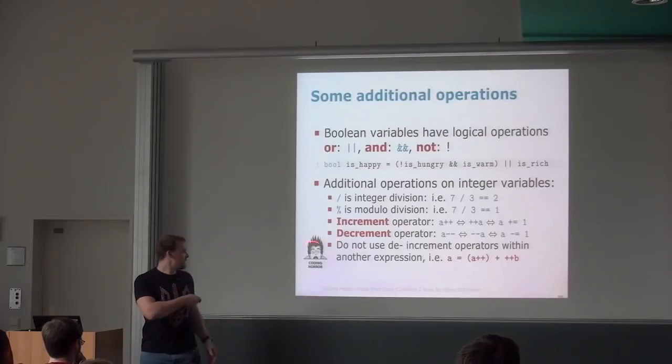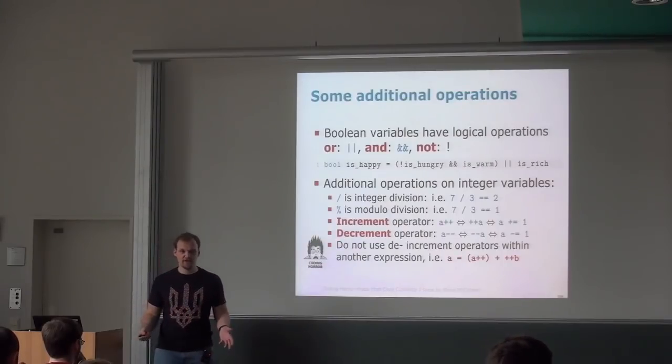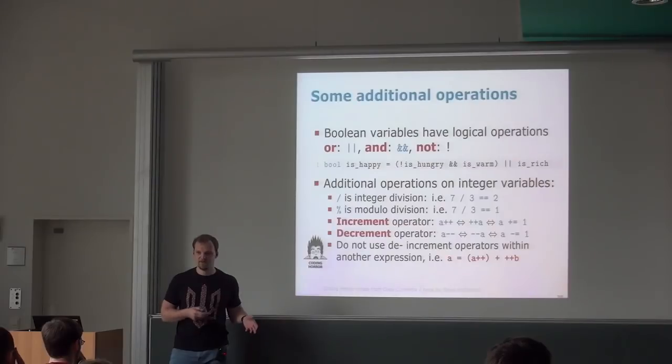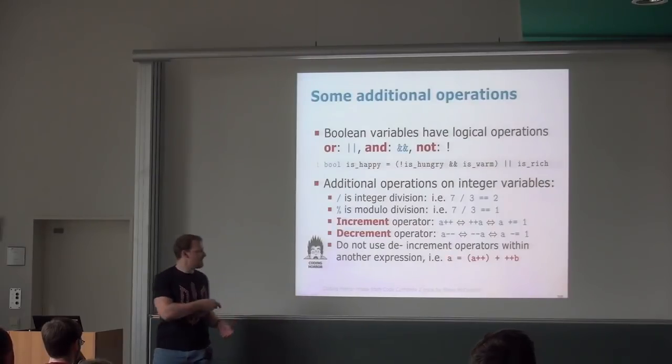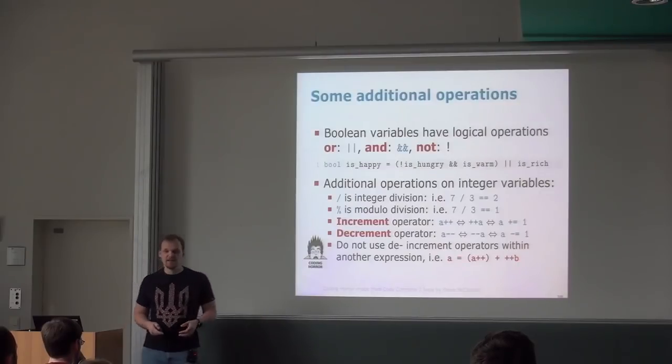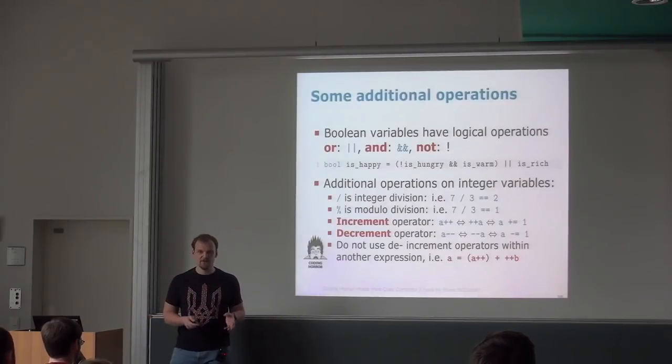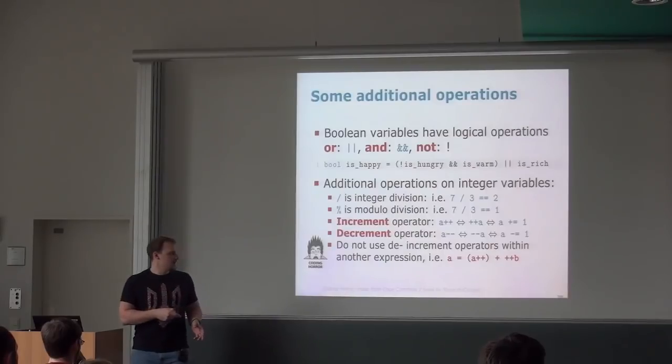Anyway, this picture is stolen from there and it shows you a bad example, so you shouldn't do the thing where this guy appears. And you definitely shouldn't do something like this, because it's really hard to guess what it will evaluate to, because these operations happen in a different order.